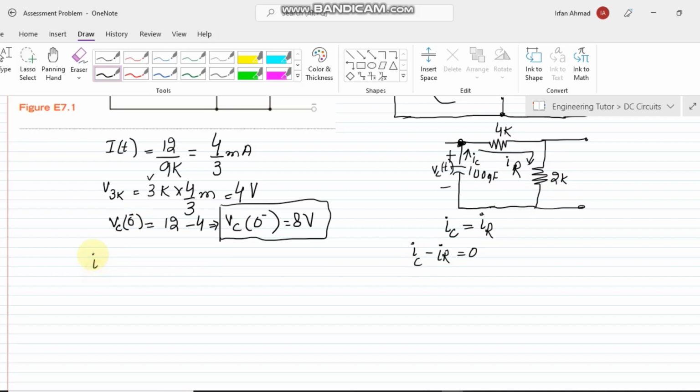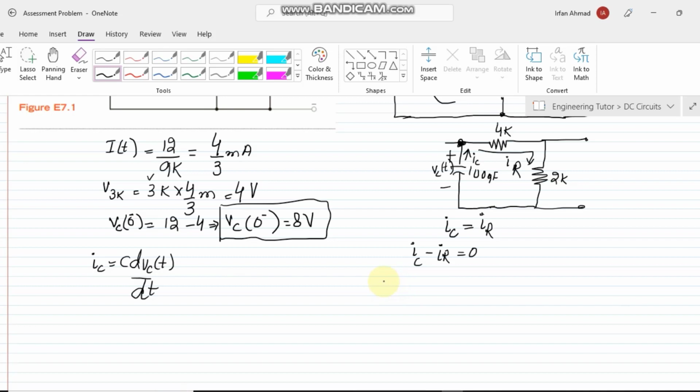The value of IC, that is the current which is flowing through the capacitor, is always equal to C dVC(t) divided by dt. So let me write the values here.